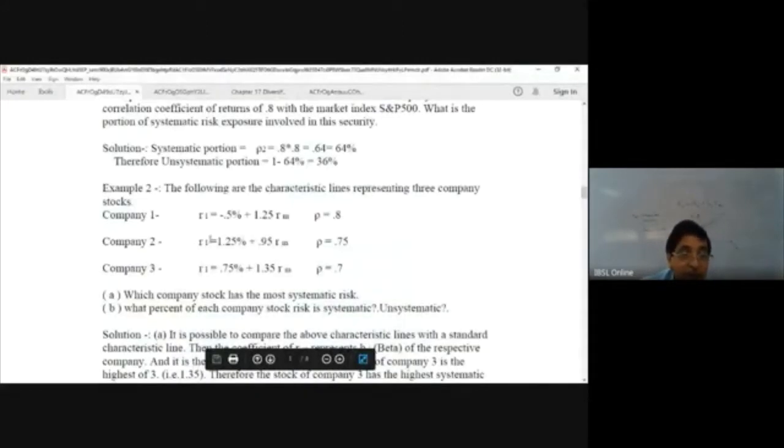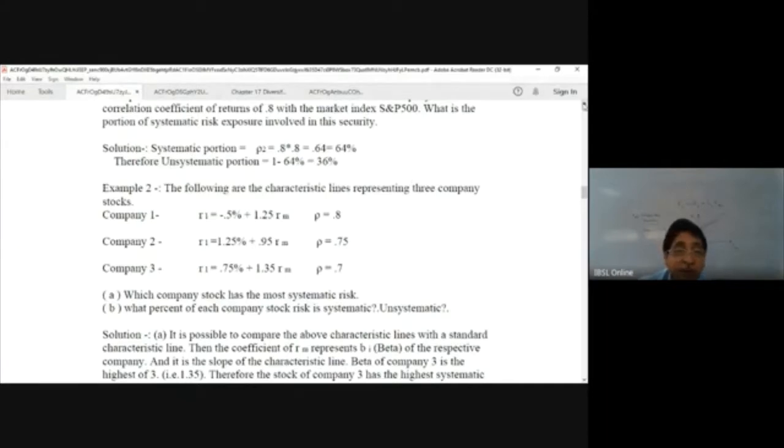Now you can just look at company 2, R1 equal 1.25% plus 0.95 Rm. So where are the beta? Where can we find beta? Very simple. And even if you go to company A also, you can find beta somewhere. It's very easy.